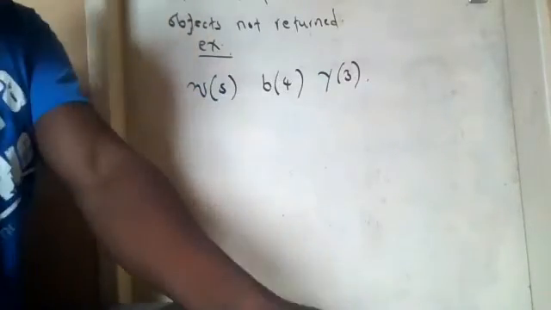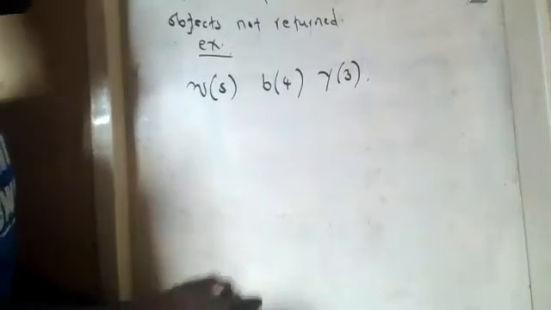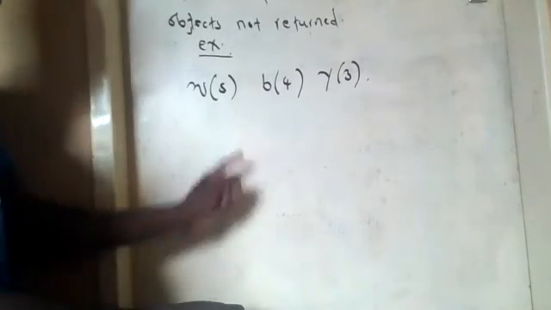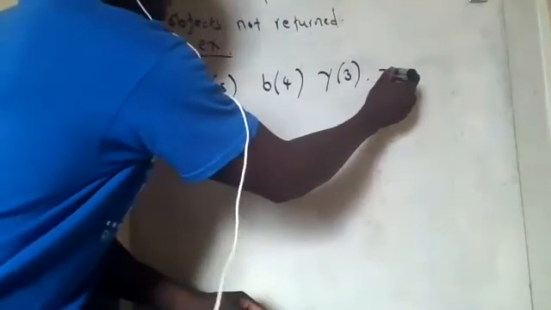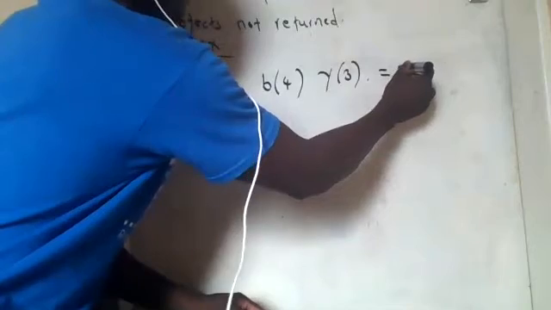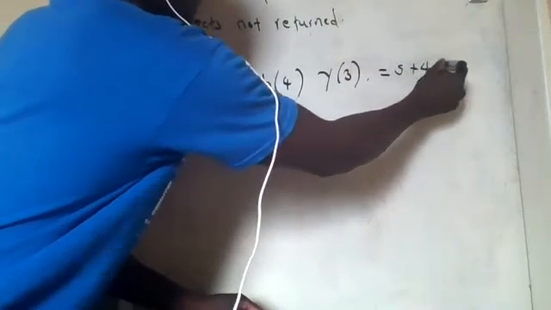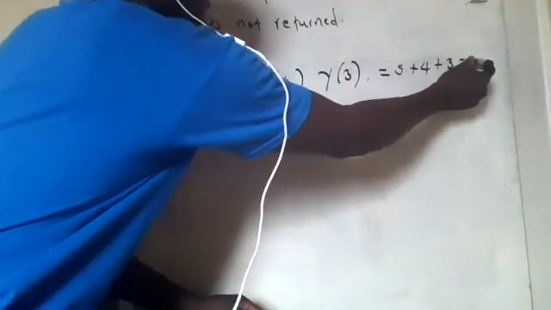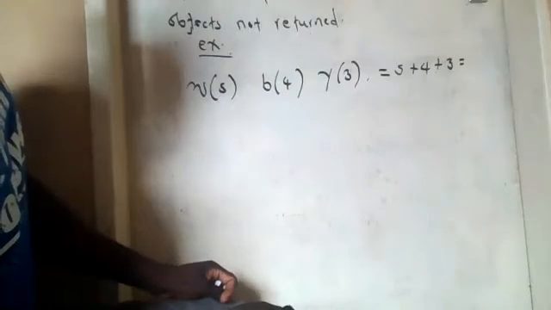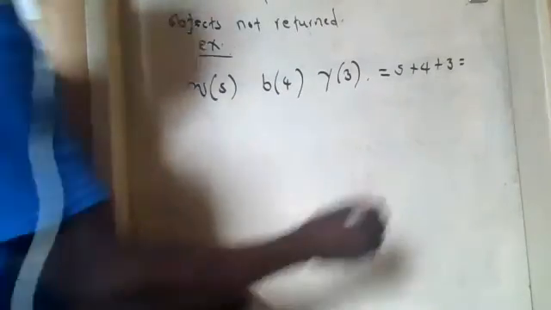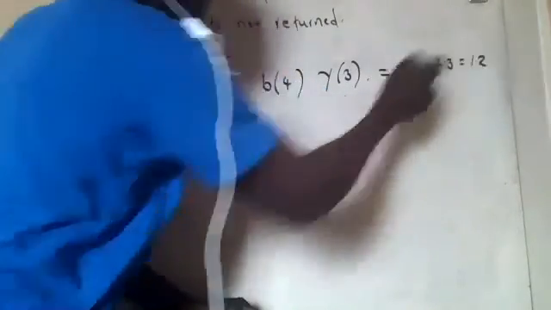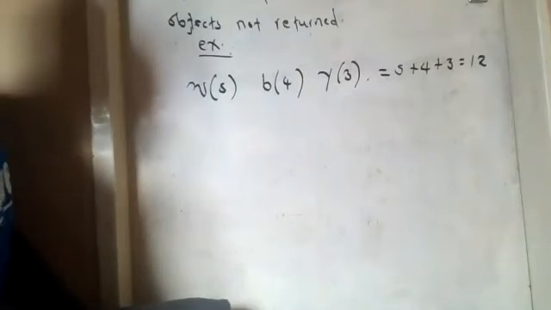So these are the 3 colors of pieces of chalk that we have. So total, how many are they? The total number of outcomes will be 5 plus 4 plus 3, that's 12. Yeah, very good. So the total number of pieces of chalk in there is 12.